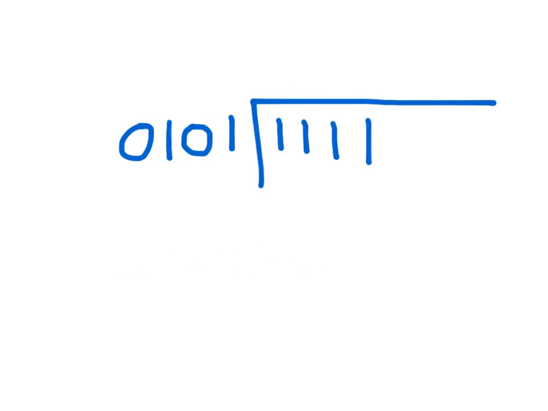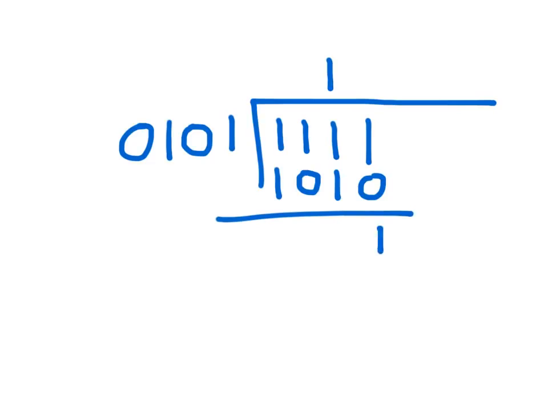So what we do is we try the 2's place. We multiply 2 times 5, and we get 10, which is written like so. We can subtract. 1 minus 0 is 1. 1 minus 1 is 0. 1 minus 0 is 1.